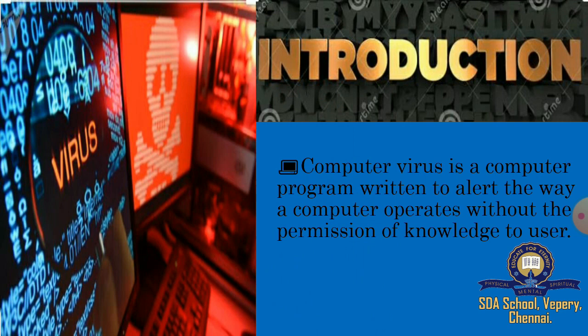A computer virus is a computer program written to alter the way a computer operates without the permission or knowledge of the user. That is, without getting permission from the user, it will affect the computer system. That is, it is a self-replicating program.